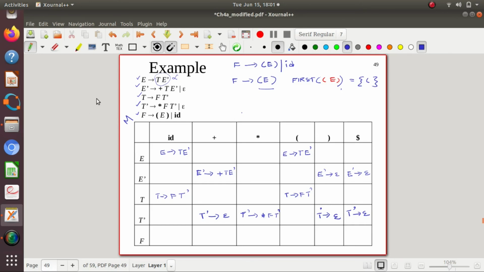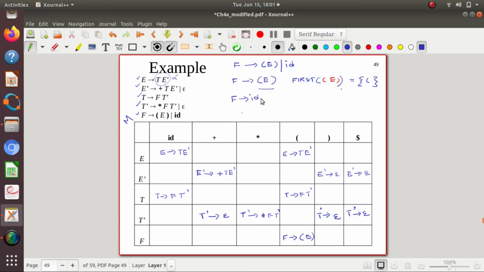So for this one, F and this parenthesis we have to add F gives this expression. Then next we need to consider the second one, that is F gives ID, next production within this set.